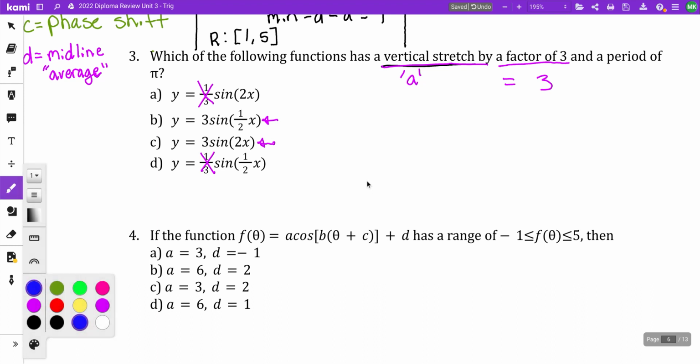And a period of pi. Period equals 2 pi over b. If I want a period of pi, that means I want pi to equal 2 pi over b.